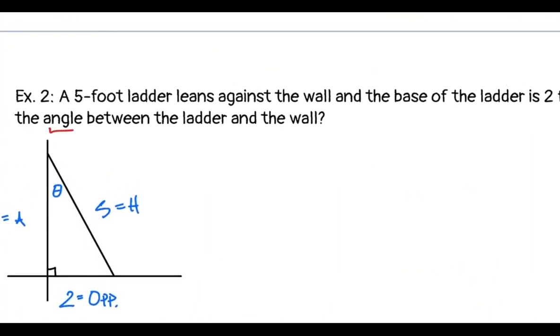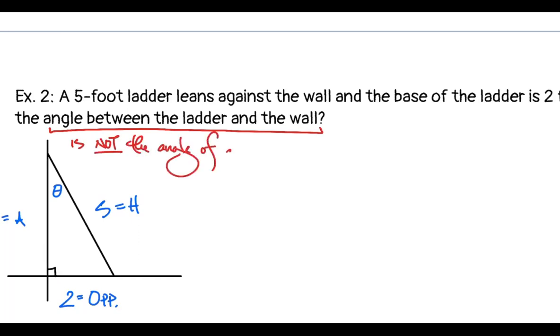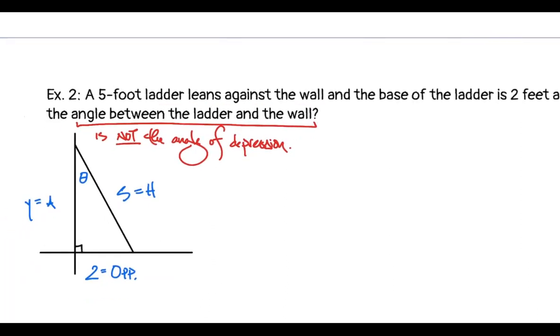This angle right here between the ladder and the wall is not the angle of depression.